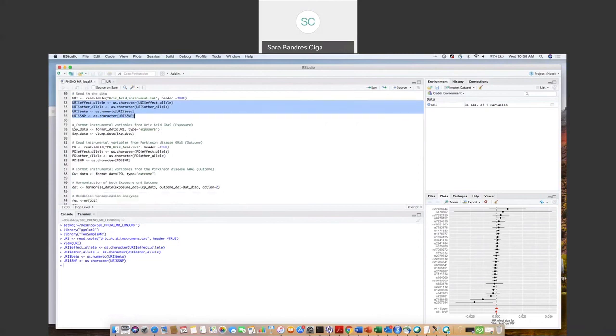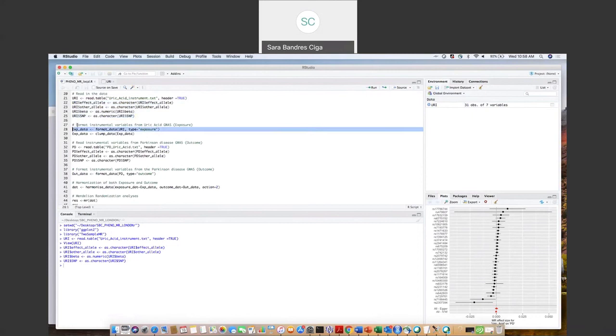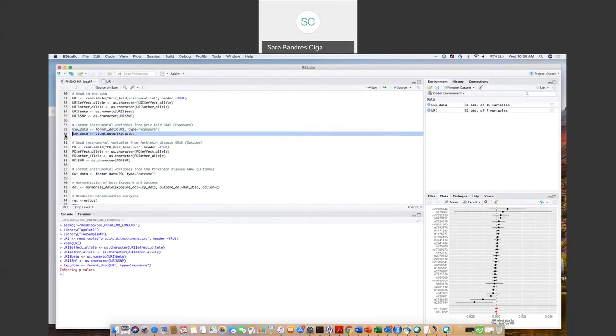Then the next step is another step to format the data using the package. I'm just going to run it, and it says inferring p-values, okay? And then the next step is clamping the data. So I'm going to clamp the data.